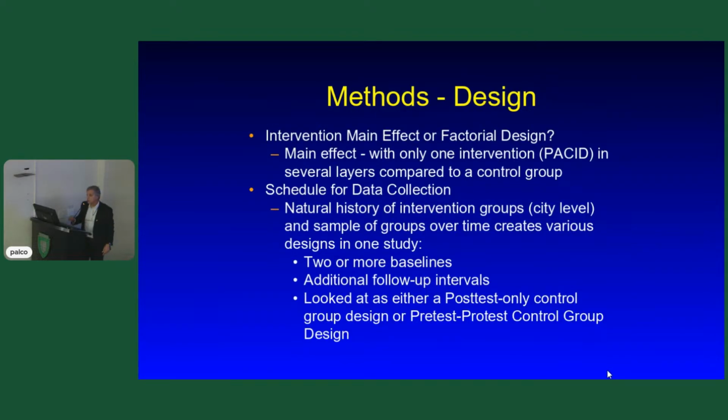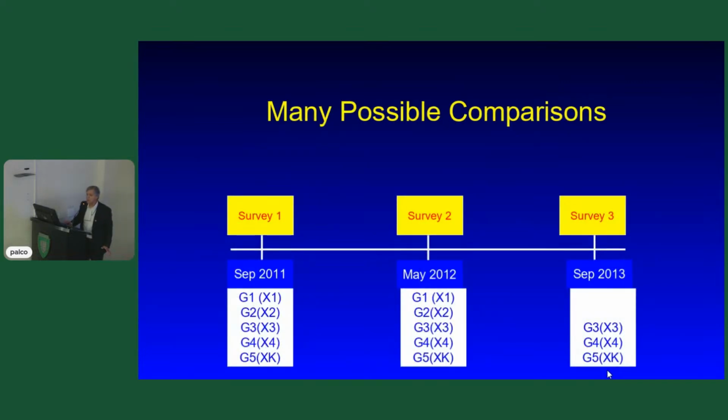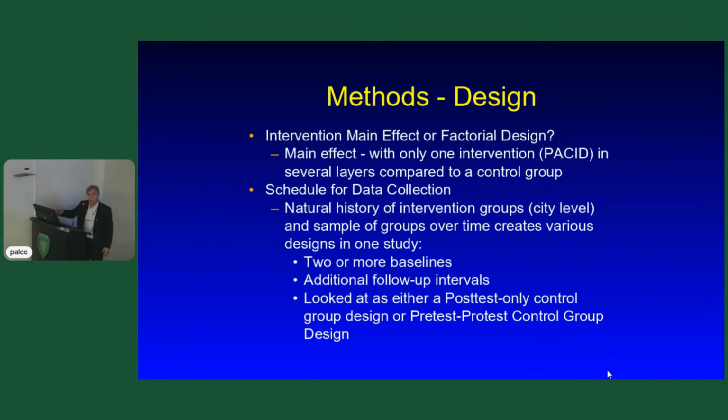Okay? So the intervention may affect a factorial design. We didn't do a factorial design because of the way the intervention was rolled over. It's little by little, it mimicked this. So we're talking about main effect with only one intervention in several layers compared to a control group. And the layers are defined over time.